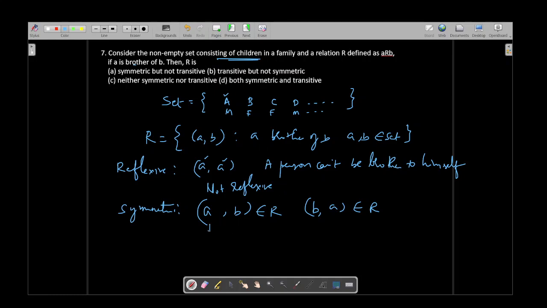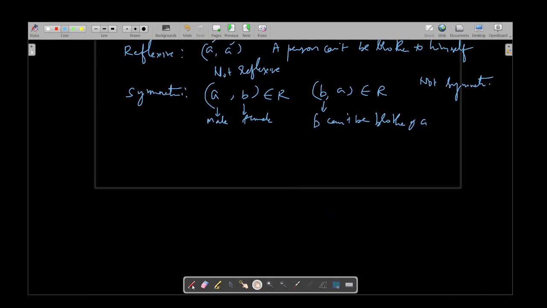Let's say A is male and B is female, then B cannot be brother of A. So this is clearly not symmetric. Let's check for transitivity.